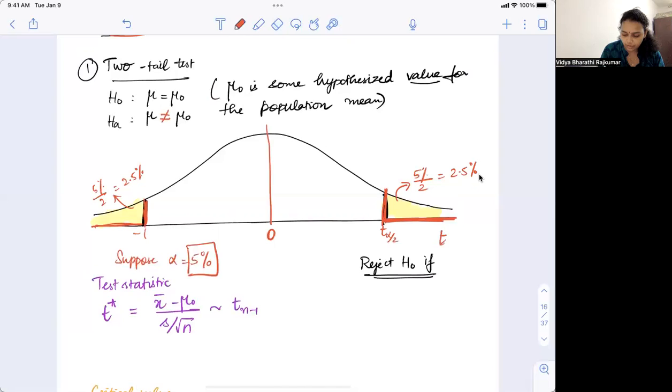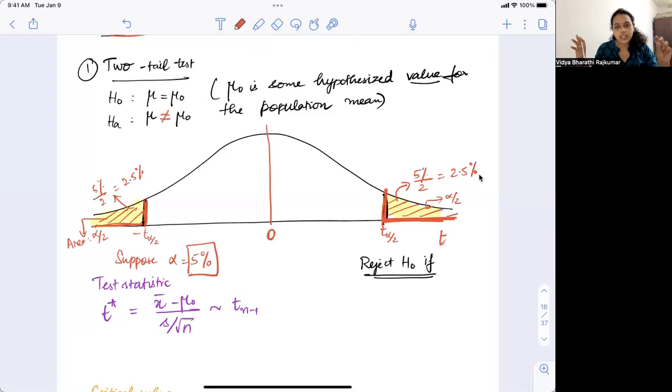This is minus T alpha by 2, where T alpha by 2 tells me that the area to the right is equal to alpha by 2. Here, by symmetry, I can identify that this is minus T alpha by 2 such that the area here is also alpha by 2. Now, in these two regions, the probability of finding an extremely unlikely event is very, very small.